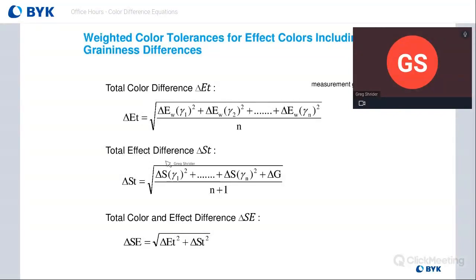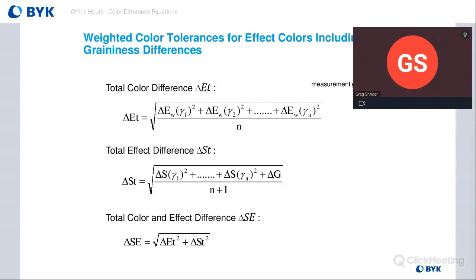The delta effect difference, or delta ST, does the same thing for up to 3 angles of sparkle and graininess. And not to go into a long description of what that is, but it's using camera technology to pick up the sparkle at different angles. So you're trying to see how bright a particular flake would be, or how it's oriented in the paint layer.